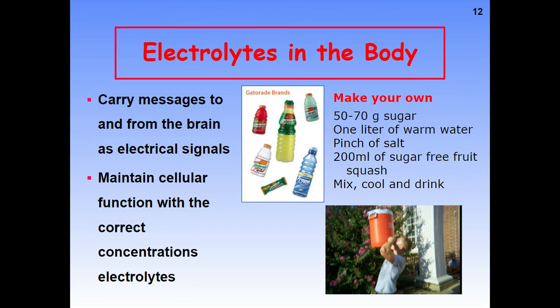So we're giving you some solutions that you're going to be making. And so we are going to look at the amount of sugar and how that can change the concentration of the solution. Your body is going to be making sugar. We will use the sugar. However, we do need those ionic compounds in order for it to function correctly.